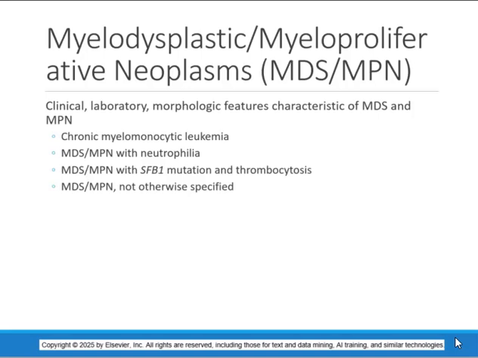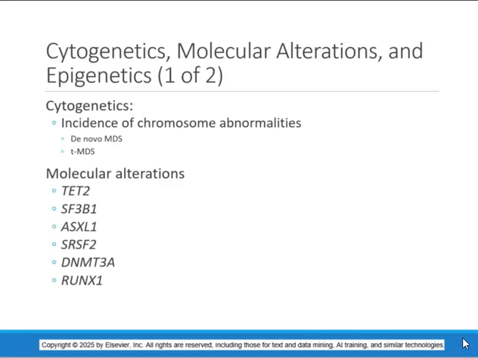And these classifications are constantly, with newer testing, new molecular, new everything, getting a better idea as to what's going on. So some of the cytogenetic things that we see, we look for the chromosome abnormalities. In other words, is it something new or is it transforming? I mean, we don't know.